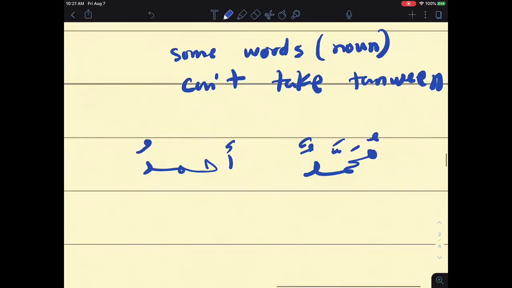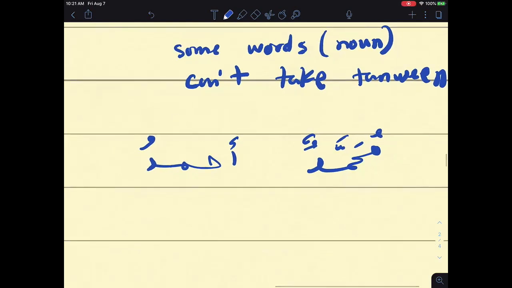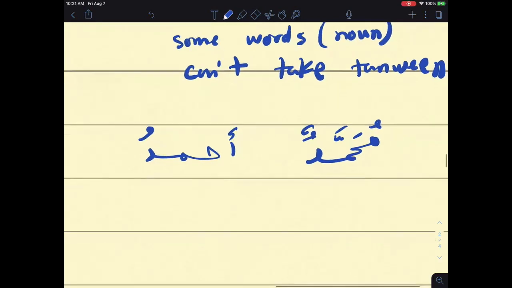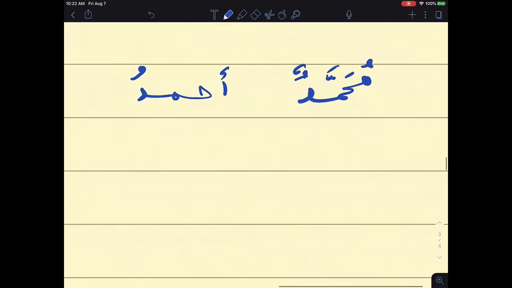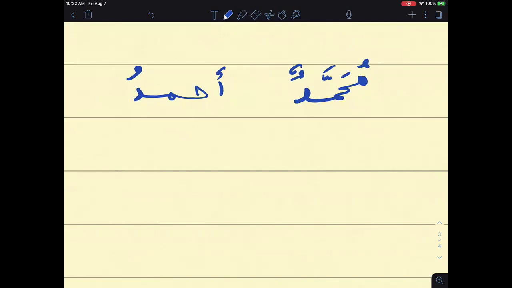It will never ever take tanween. So this is what the book will start giving you, very briefly. I'm not even scratching the surface here, but the only thing you have to know right now, because otherwise you'll be asking: I said Muhammad is a proper name, so we put tanwin.